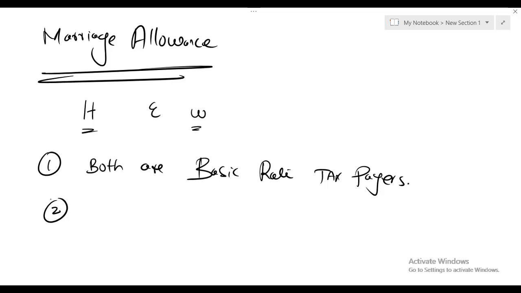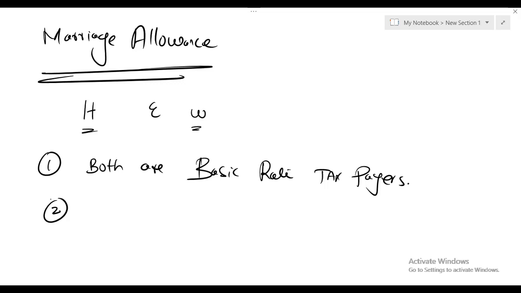The condition for getting marriage allowance is, obviously marriage is there, but another condition is that husband and wife both must be basic rate taxpayers.